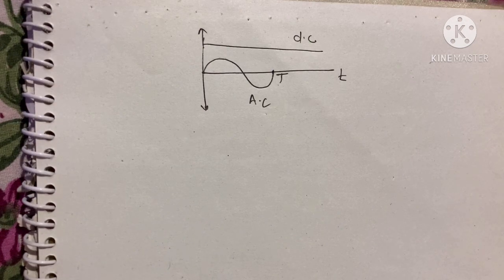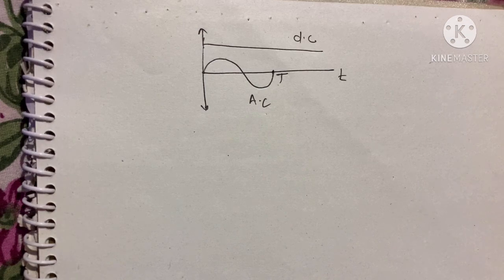Now, to represent in a phasor diagram. What is a phasor diagram? The name itself suggests phasor, meaning phase. So it is basically a diagram that represents alternating current and voltage of the same frequency as a rotating vector. Students, we know that this AC is generated because of rotation of a coil. When the coil rotates, because of its angular velocity, its EMF and current also change in angle.